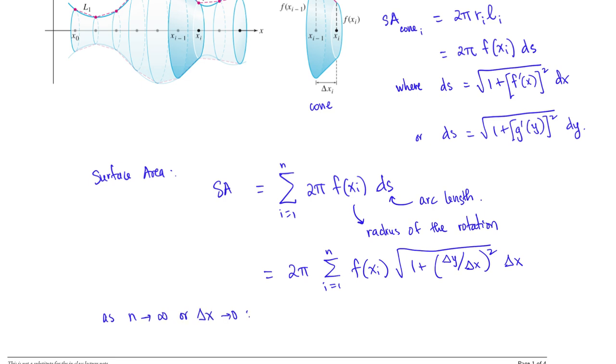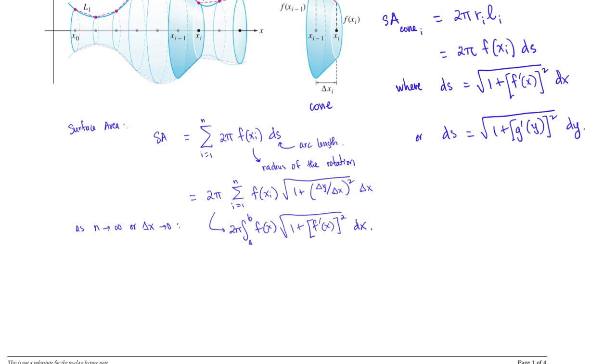As n goes to infinity or delta x goes to 0, this is the definite integral from a to b, 2 pi f of x times the square root of 1 plus f prime of x squared dx, if the function is expressed in terms of x.